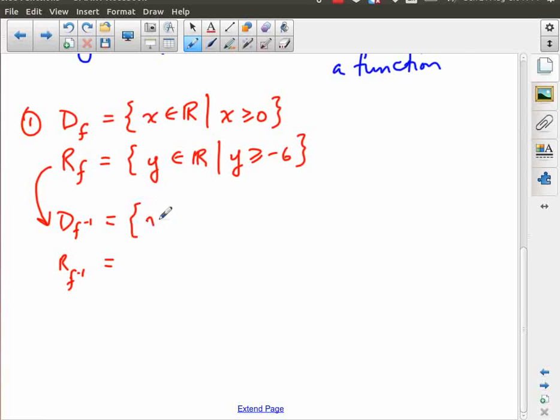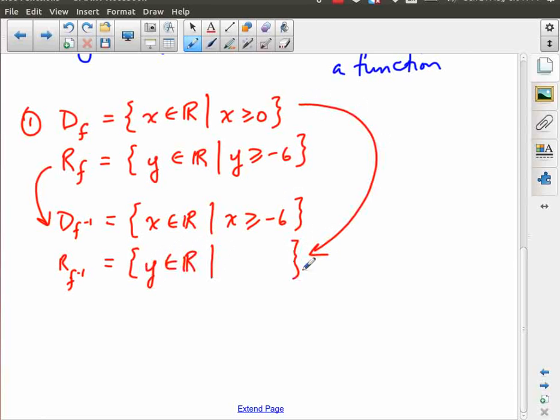So it's going to be x member of R, but instead of y greater than or equal to -6, it's going to be x greater than or equal to -6. And here I get y member of R, and I'm going to bring this restriction down, y greater than or equal to 0.